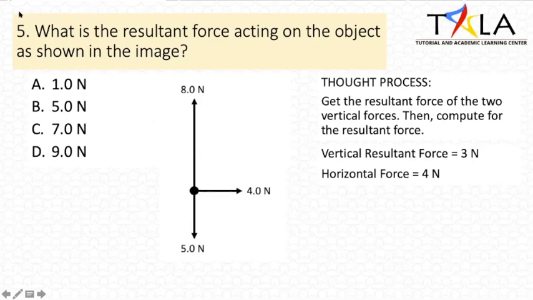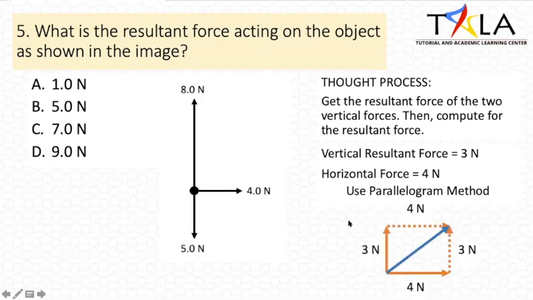Okay? Now, how can we get the resultant force? Actually, in this question, there are different ways to solve for the resultant force. You can either add using the vector addition method, itong lahat ng tatlong to, or we can use the parallelogram method since na-reduce na natin yung vector forces into 2 na lang.